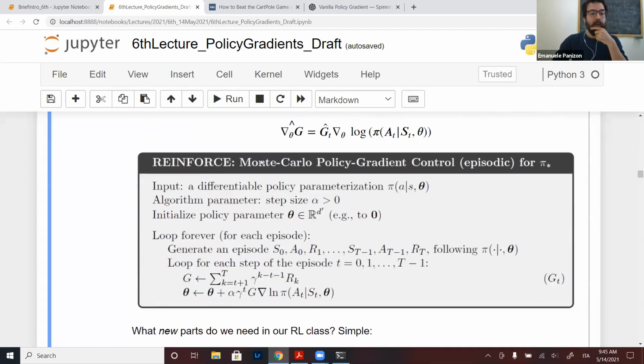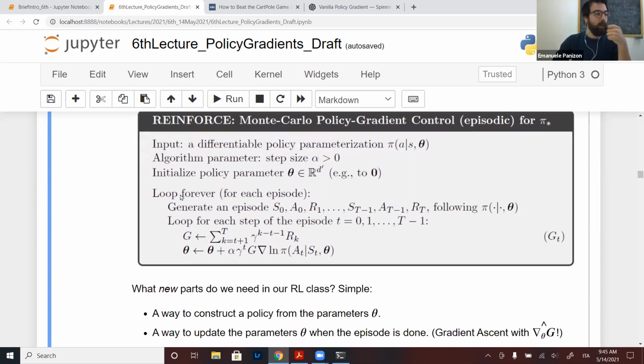So the pseudocode is, as always, we have a new differentiable policy parameterization. So we are creating this softmax. We are storing these parameters theta, which will give us the softmax. And then we are doing episodes. We are collecting trajectories.